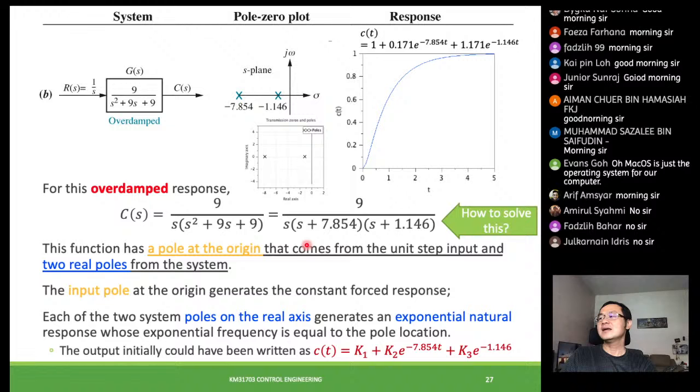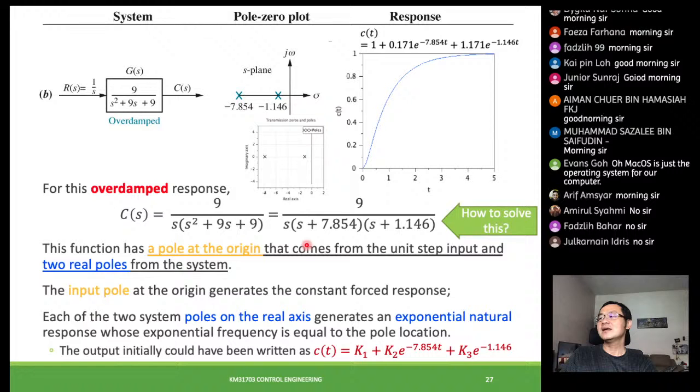And we notice that these two poles are real poles, okay, real values lying on the real axis, okay? So when you have two real poles in the system, this is a characteristic of an overdamped response for a second order system, right?